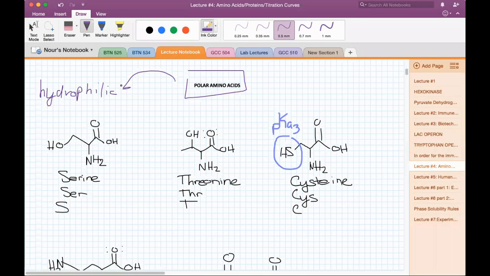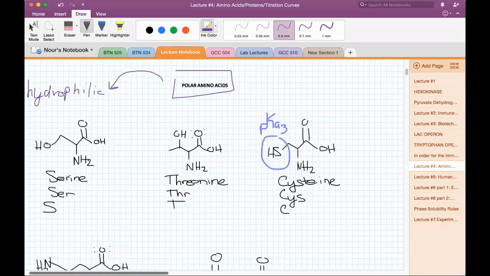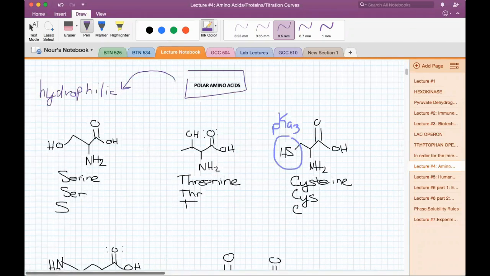So these are amino acids you would find most of the time in the outer membrane. And these are the non-charged polar amino acids, because I'll get to it later when there are other polar amino acids that have charged side chains.